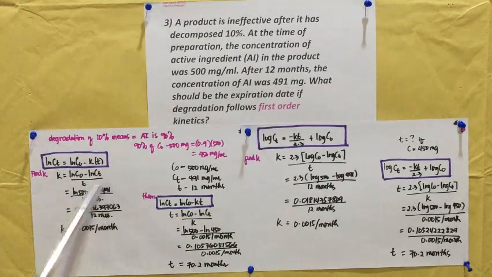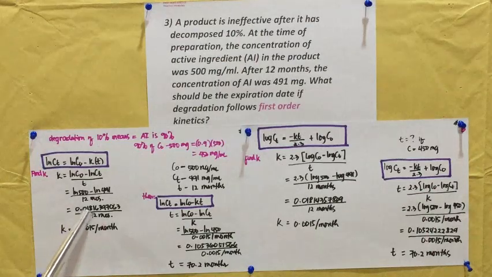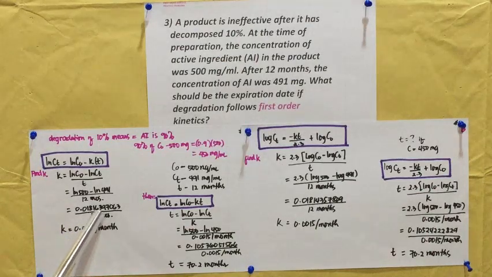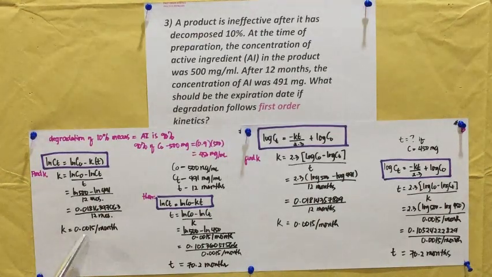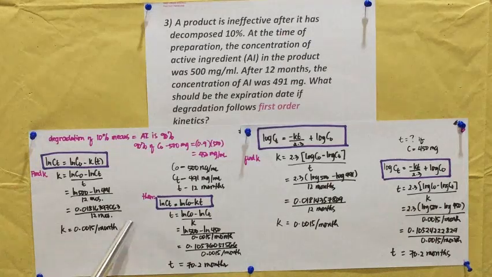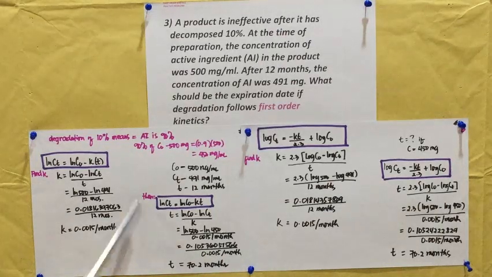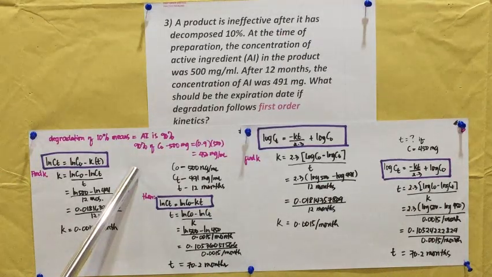This one here will give us 0.01816397063 divided by 12 months. So, our K now is equivalent to 0.0015 per month.